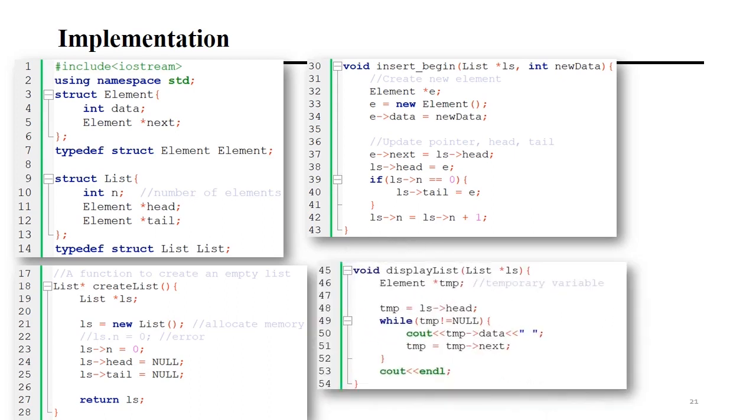In order to display the list, you can create a function which takes a list variable. As I have discussed earlier, we create a temporary variable, and next we make it point to the head of the list, and then we can loop through every element in the list, and the condition should be not equal to nil because we know that the last element of the list points to nil. So here is how we can access the data, TMP data.